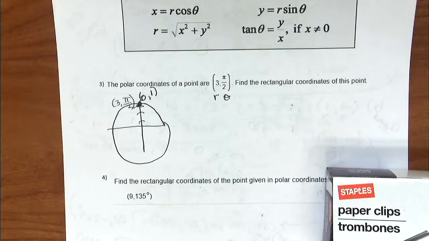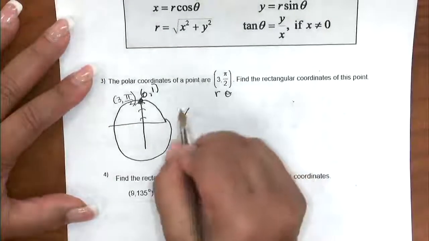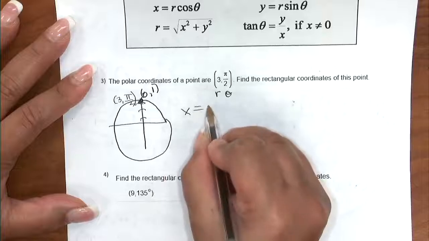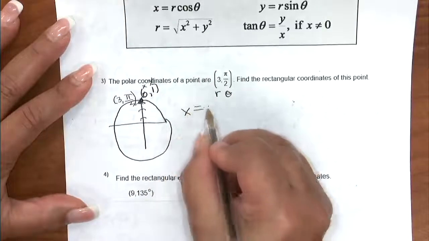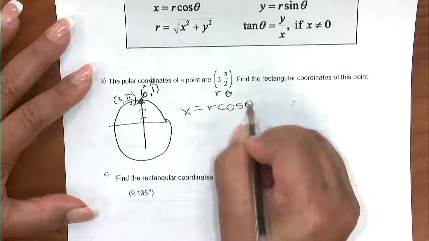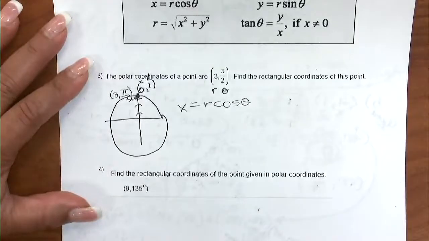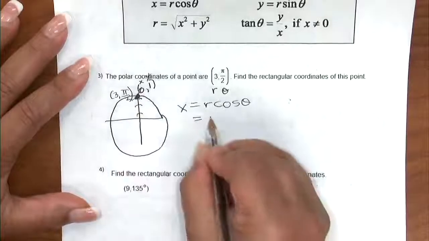So if you must, I wish you wouldn't though. If you really need to, you could do this. You could go, oh, I wanted to get x, even though we already have it. I'm just telling you to get out of some work here. And you could go r times cosine of theta. That was the formula that we just used in the previous problem. But what's the point? The radius here is 1.